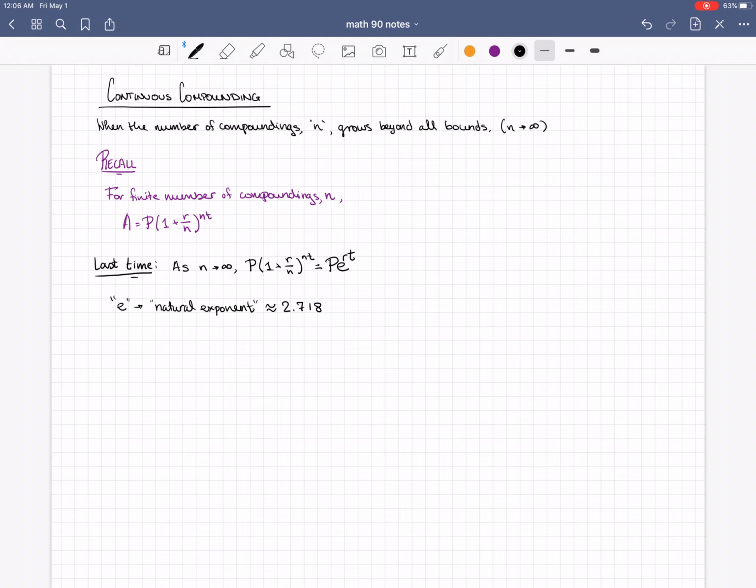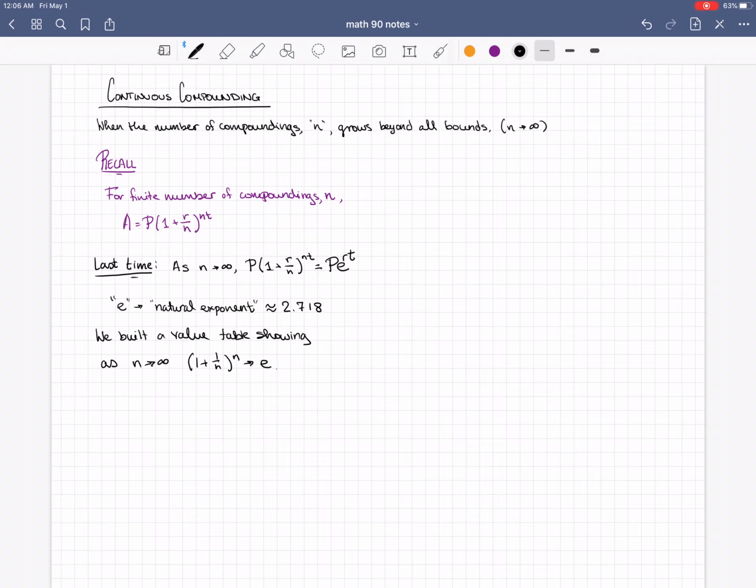And so one of the exercises that we did in our last lesson was we looked at 1 plus 1 over n, so we built a value table showing that as n grows beyond all bound, 1 plus 1 over n to the power n approaches e.